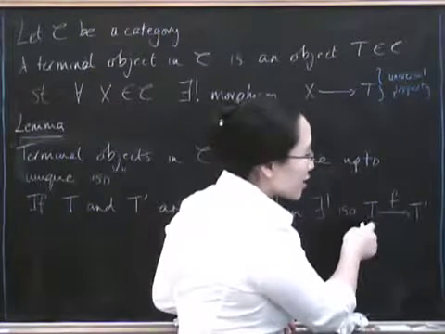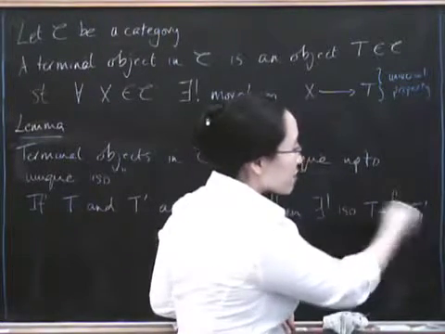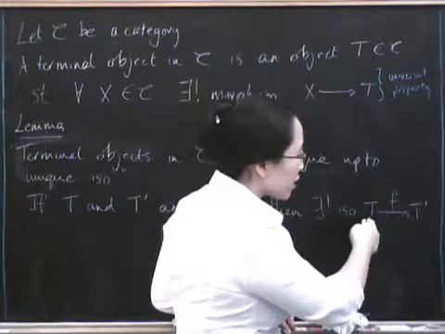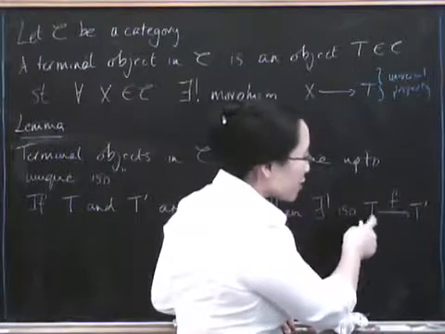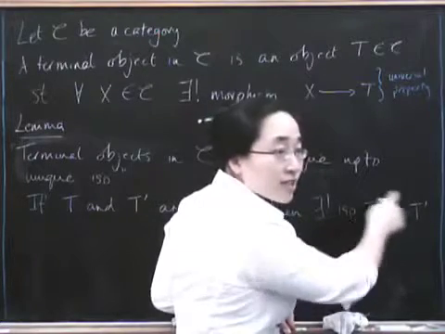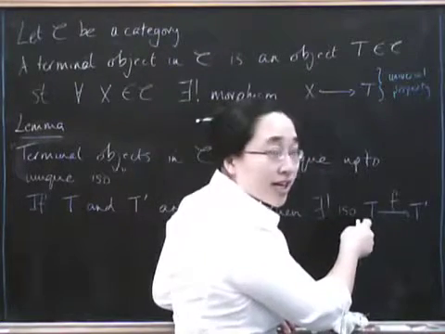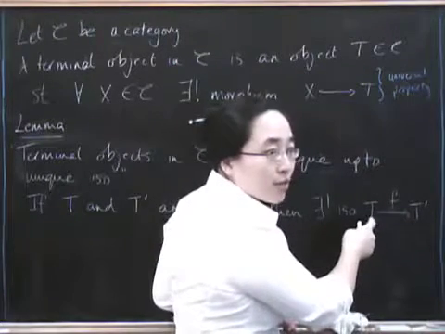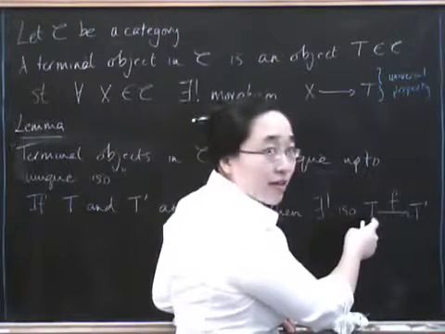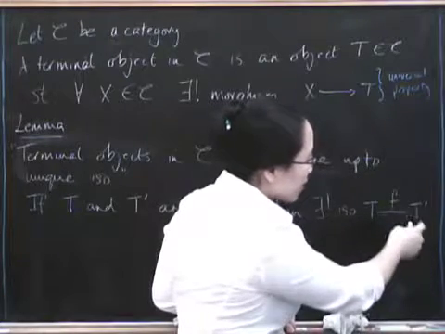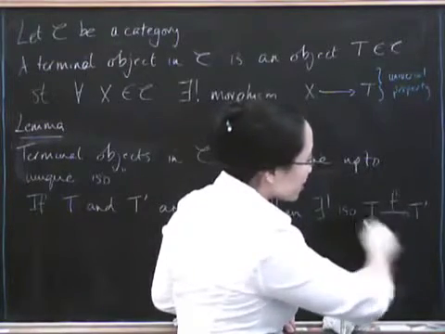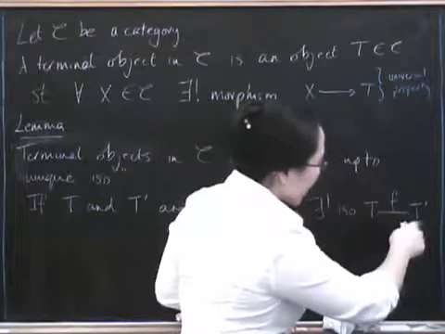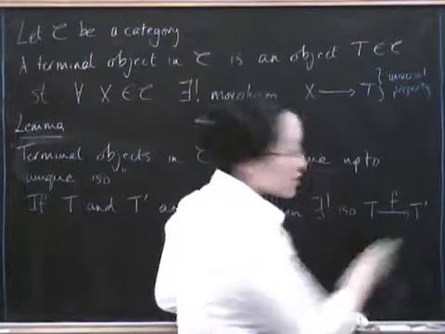But this one is terminal, so there's a unique morphism going from this one to this one. So we've got something that might be an inverse for it, but this one is also terminal, which means that there's a unique morphism going from it to itself, which must be the identity, which means that when we compose like that, then we must get the identity, which shows that that really is an isomorphism. And likewise, if we start there and compose in this direction, then we get something that has to be the same as the identity, because this one is terminal.